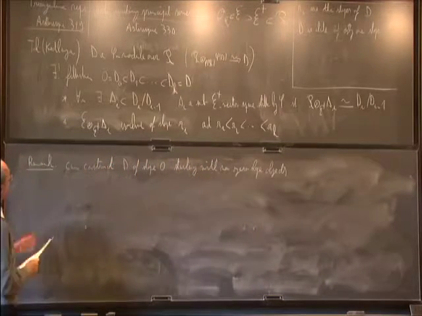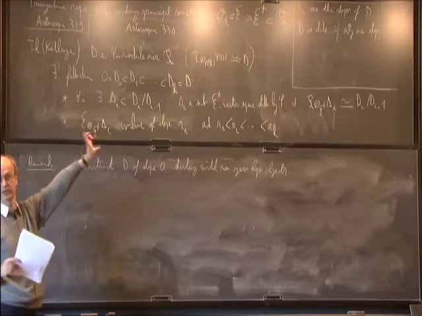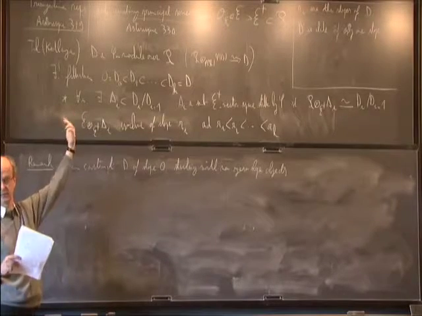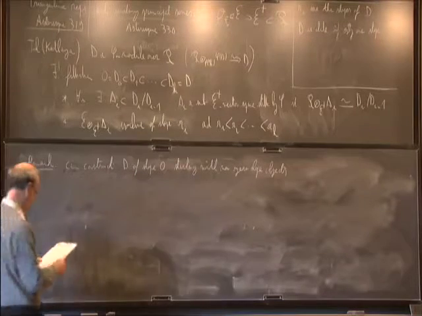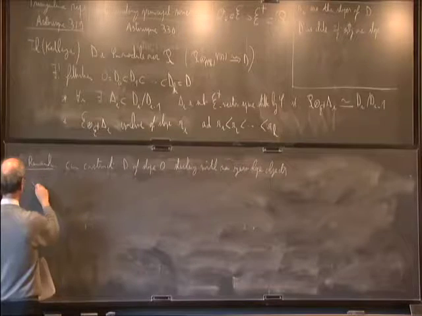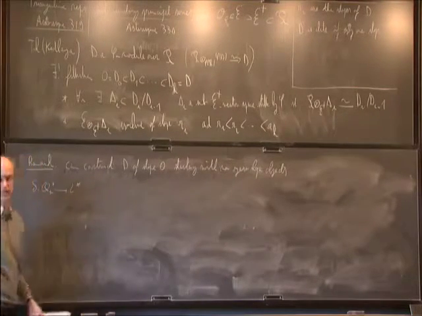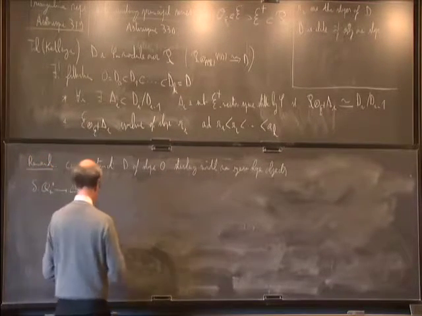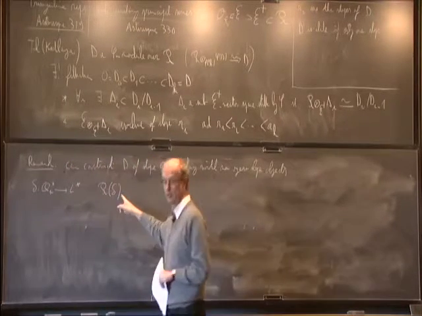So how do you do that? You just have to take an extension which is in the wrong direction with respect to Kedlaya's filtration. And then if you have the right slope, it will force the slope to be 0. So let me give you an example. Let's take a delta from Qp star to L star, which is not unitary this time. So you can define a phi gamma module R of delta just by multiplying the action.